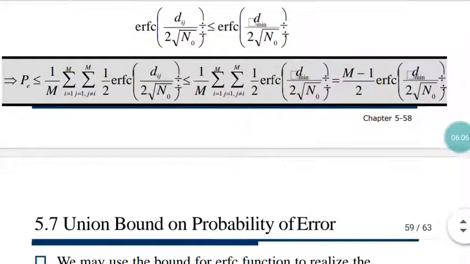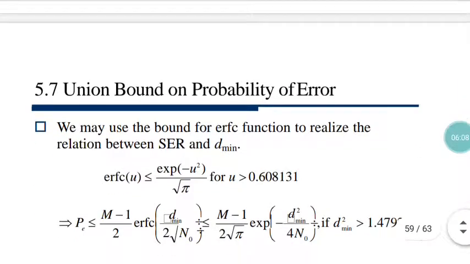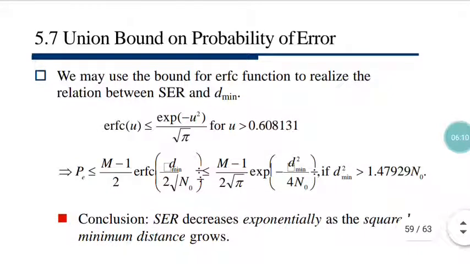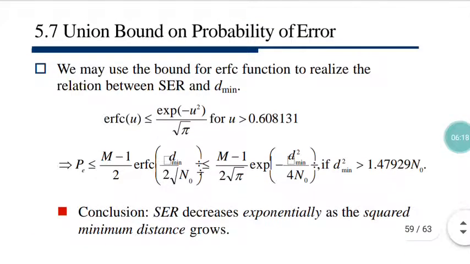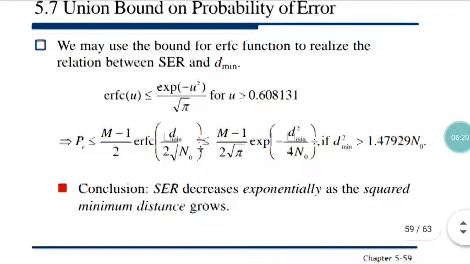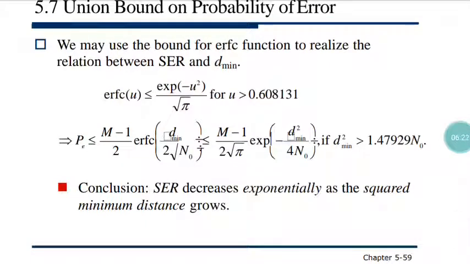Okay, so we may use the bound for the ERFC function to realize the relation between the error rate and d min. ERFC(u) can be bounded by e^(−u²)/(√π u) for u greater than or equal to 0.608131.